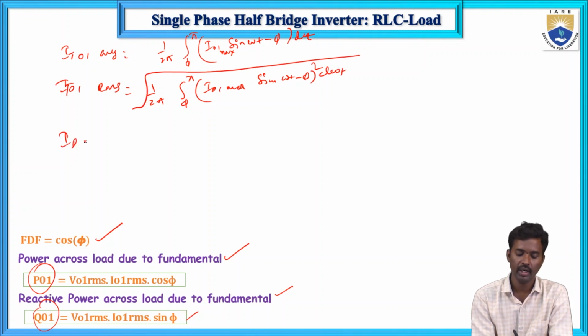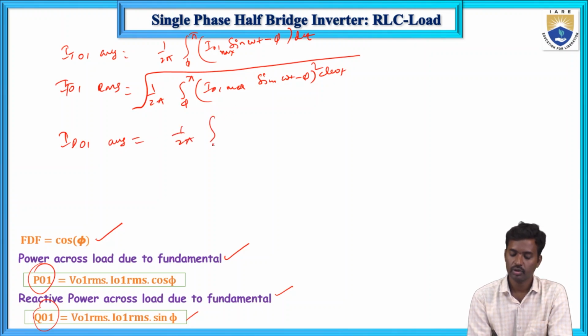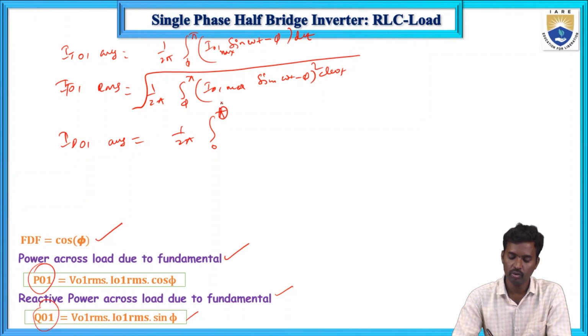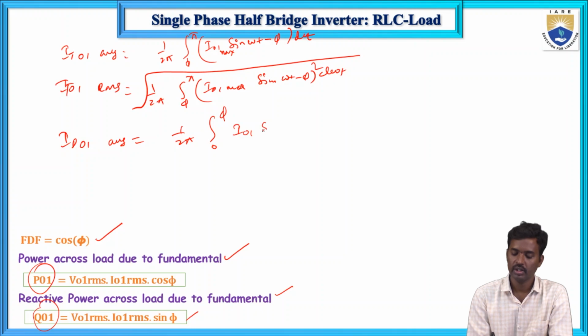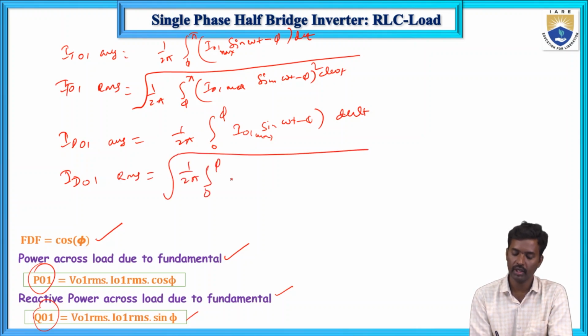ID01 average equals 1 by 2 pi, where the conduction time is 0 to phi, not pi, integral of I01 maximum sin of omega t minus phi d omega t. Next, ID01 RMS equals the square root of 1 by 2 pi integral from 0 to phi of I01 maximum sin of omega t minus phi whole square d omega t.